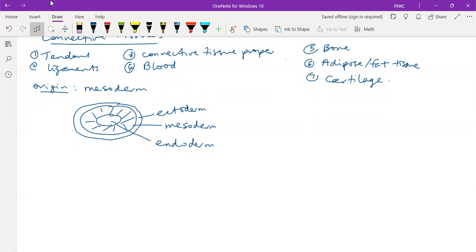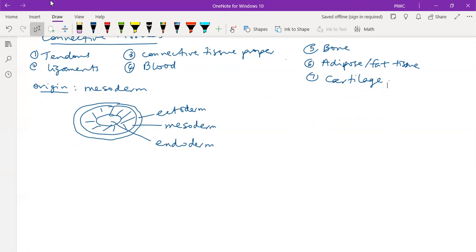So we'll be talking about the different components of the typical connective tissue. And I just want to make mention of the fact that there will be different variations in the amount of the elements that we find in the connective tissue.